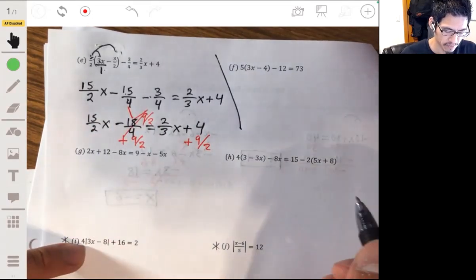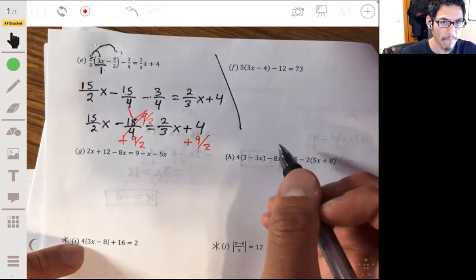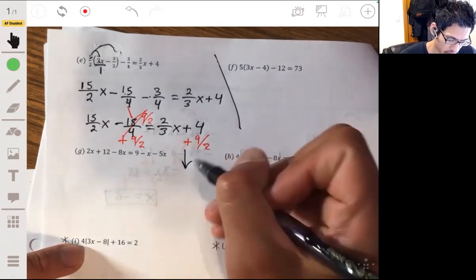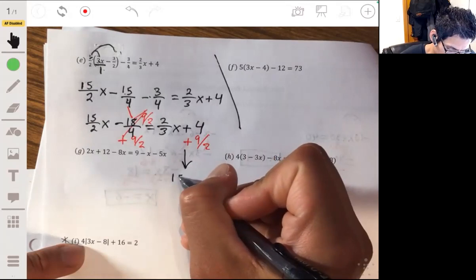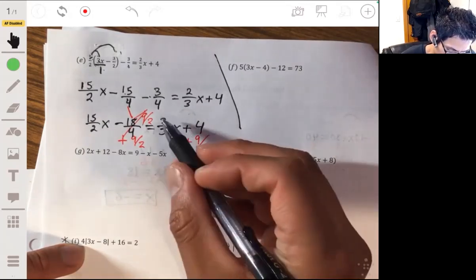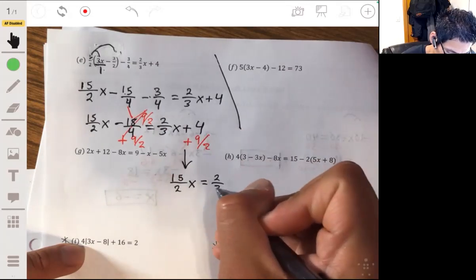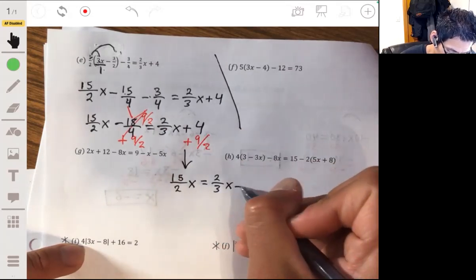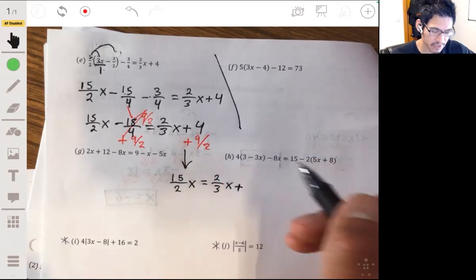And I'm going to need some more space, so we're going to go over here. So 15 halves x equals 2/3 x plus 4 plus 9 halves.